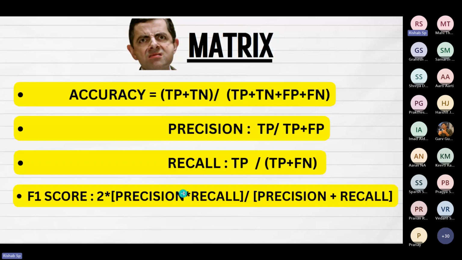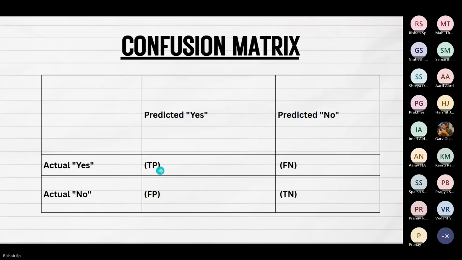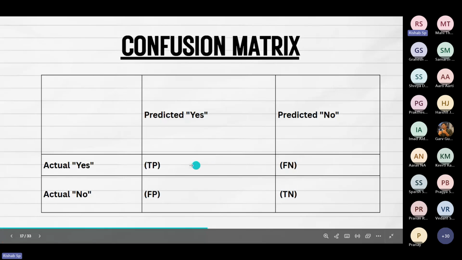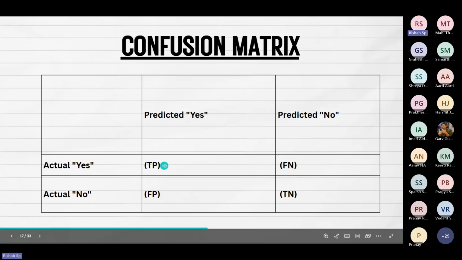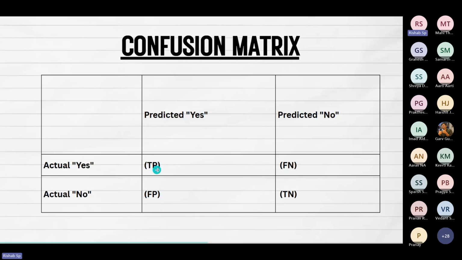Precision is TP divided by TP plus FP. The third one is recall, TP divided by TP plus FN. So the first one, accuracy, is true positive plus true negative divided by the total sum. The second, precision, is true positive divided by the sum of the first column. The third, recall, is TP divided by the sum of the first row.